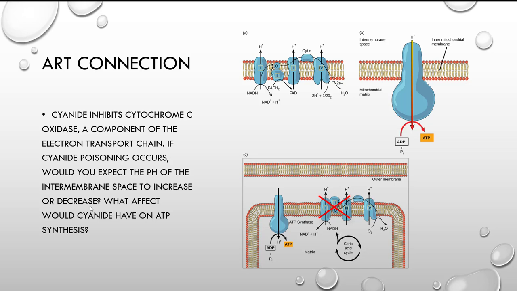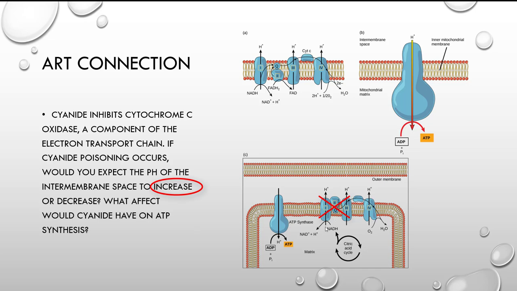If you said increase, I would agree with you. The reason why it would increase is because, would we have hydrogens being pumped through? No. Because this would be shut down, right? If this is shut down, then we wouldn't have hydrogen ions pumped through, so the pH would not go down.